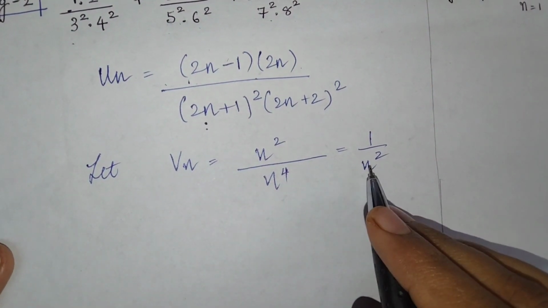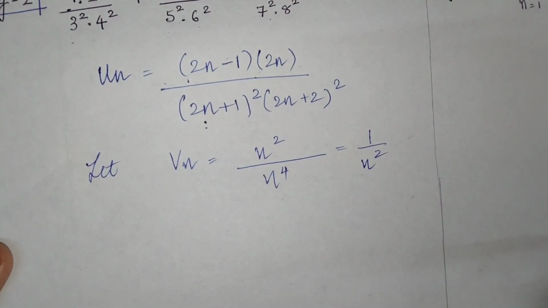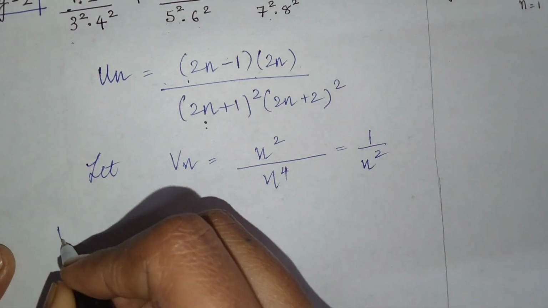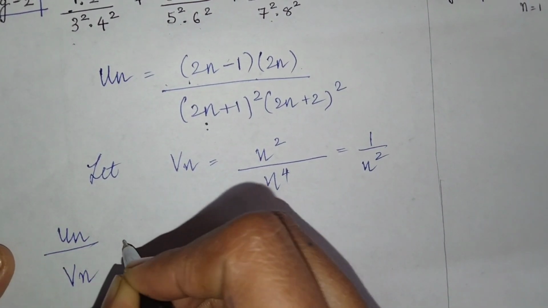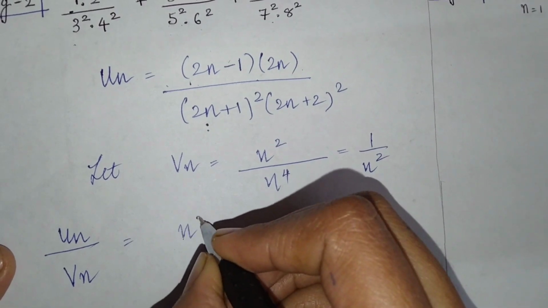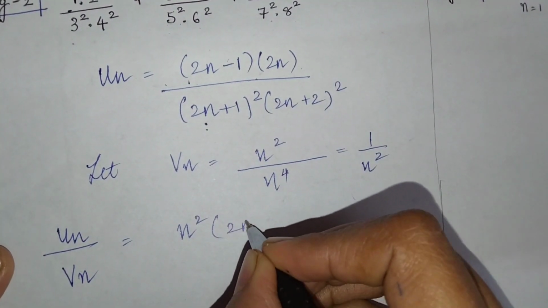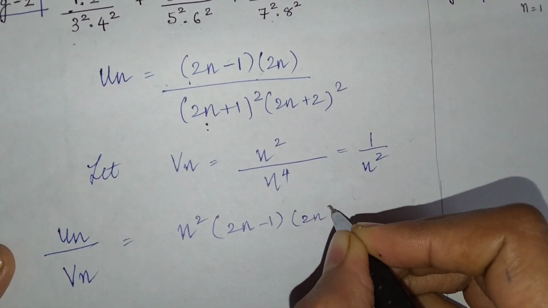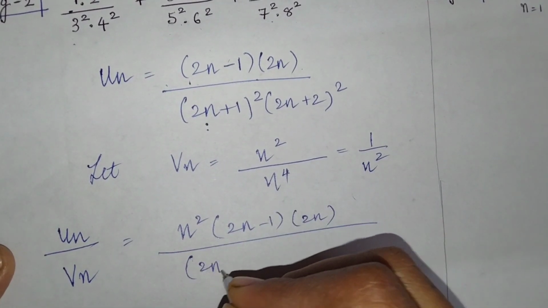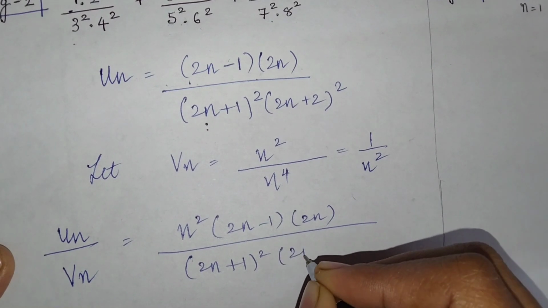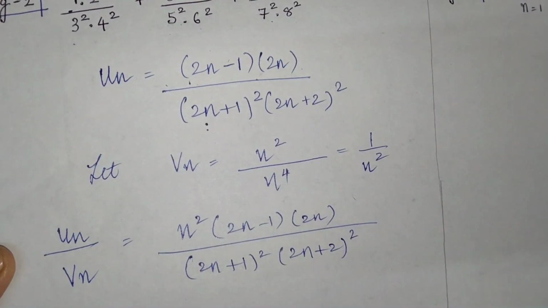So our vn is 1 by n square. Now again according to comparison test, if we take the ratio of un and vn, then we can write like this. n square will go in the numerator part. So (2n minus 1) into 2n divided by (2n plus 1) whole square into (2n plus 2) whole square.